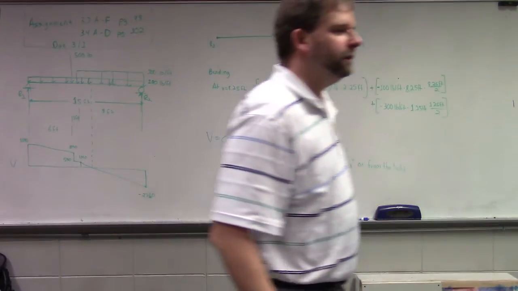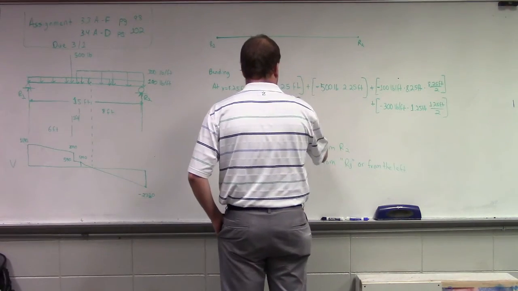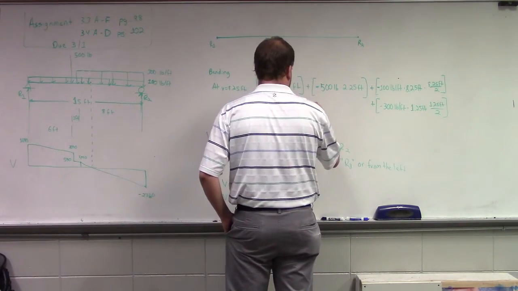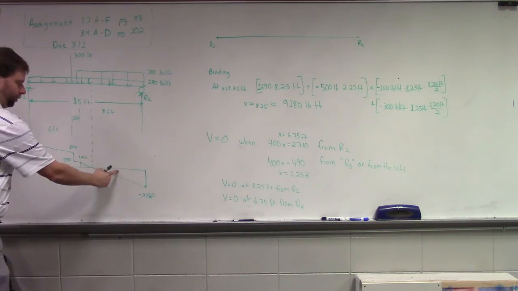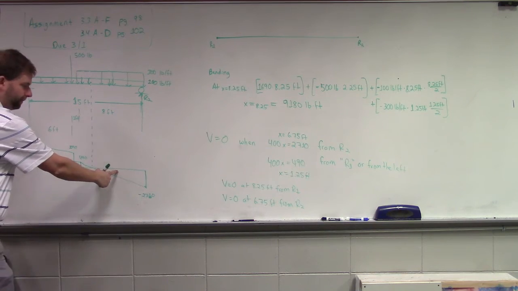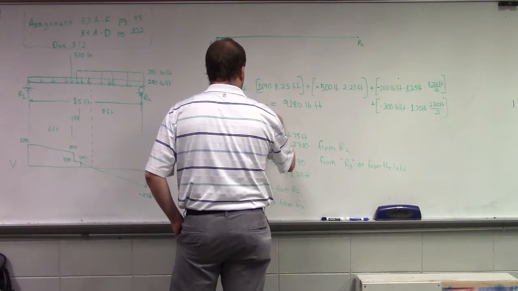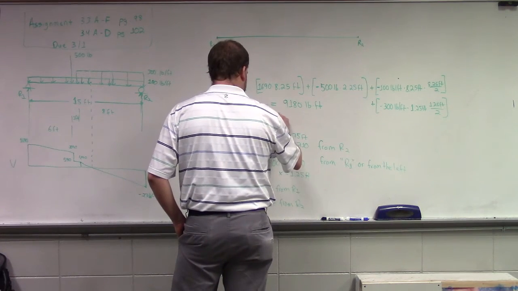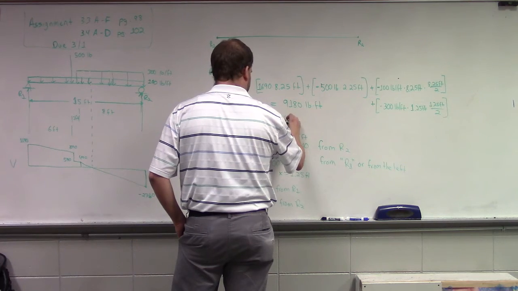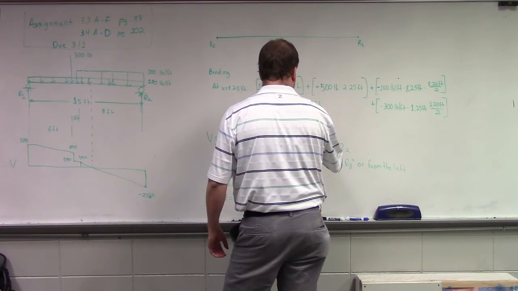Okay. I got 9180. I don't know if that's right. How can we check it? Find the area. We find the area of this triangle, right? 1/2 times, what did you say it was? R2, 6.75 feet, times 2,710 pounds.